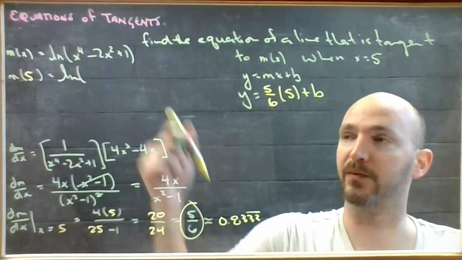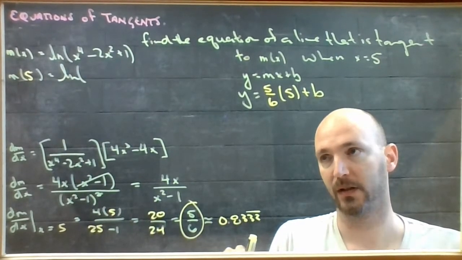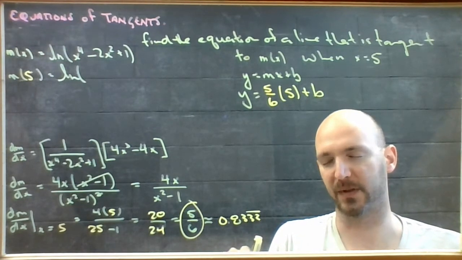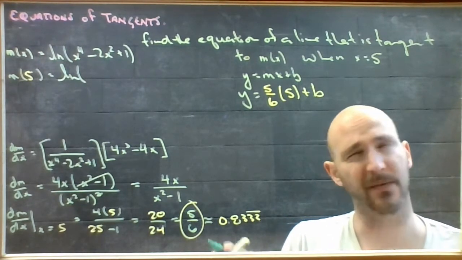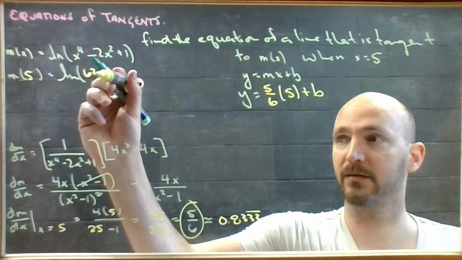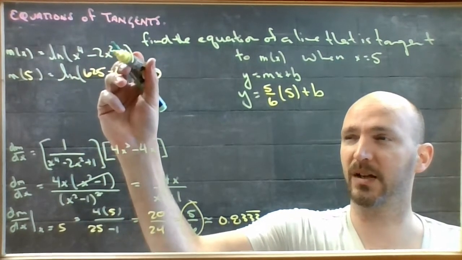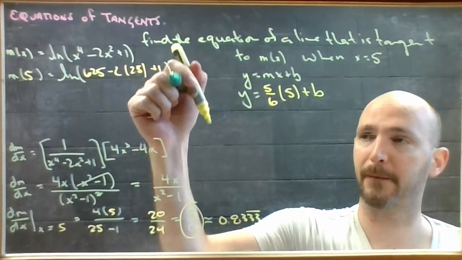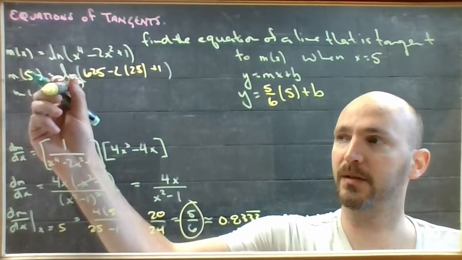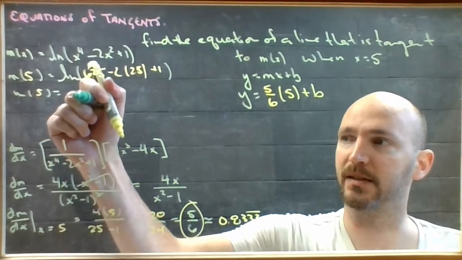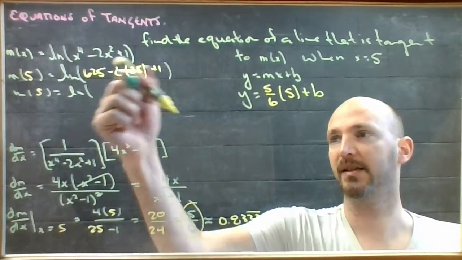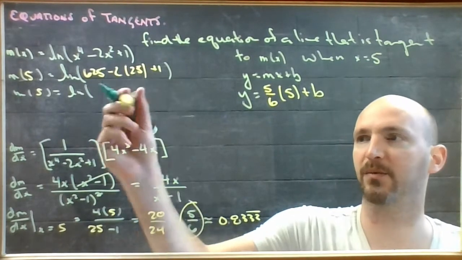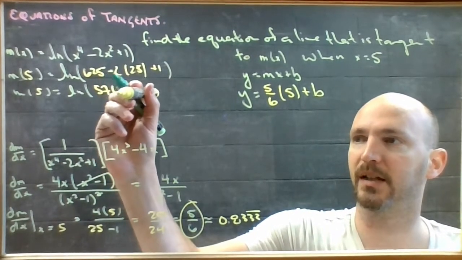It's ln of 5 to the power 4. 5 times 5 is 25, times 5 is 125, times 5 is 625, minus 2 times 25 plus 1. So m at 5 is the ln of 625 minus 50 would be 575, plus 1 would be 576.